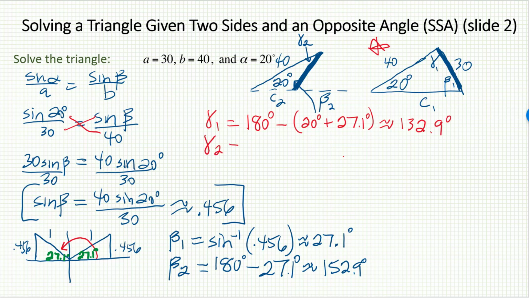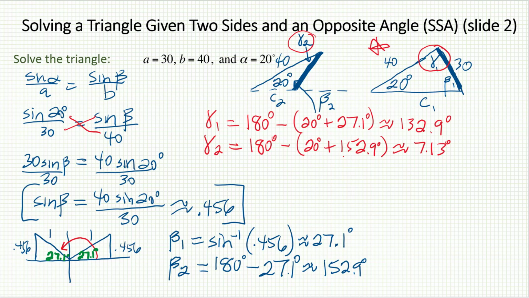Gamma 2, I would just do the same thing, but for the other triangle. In that triangle, the first angle is 20 degrees, and the other angle, beta 2, was 152.9. And again, from the calculator, I get 7.13 degrees. I know my pictures aren't perfect, but you can tell that in triangle 1, the gamma angle is a little bit bigger, whereas in triangle 2, gamma 2 is a very, very small angle, 7.13 degrees.